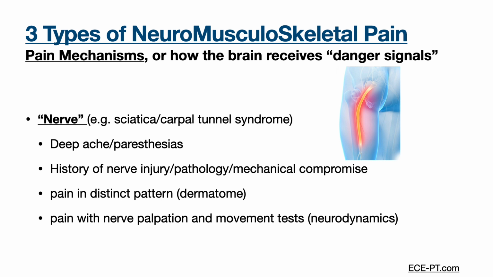So also think of carpal tunnel syndrome, where you have that numbness or tingling into your thumb and the other two fingers next to the thumb. So that's compressing the nerve, a mechanical compromise. So when the nerve is driving the danger signaling, you're going to have some distinct patterns. So they call those dermatomes. So it's going down a specific pathway down a limb.